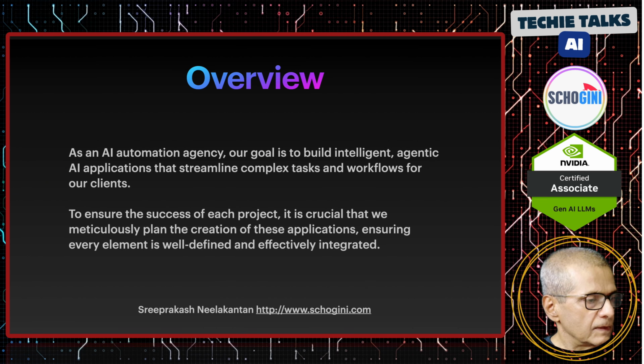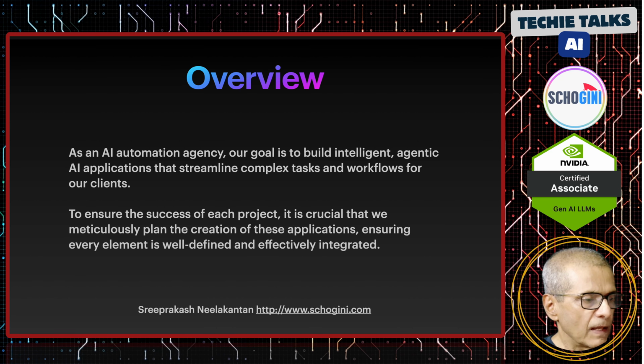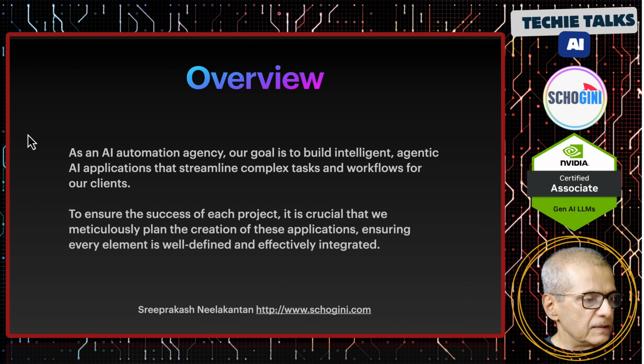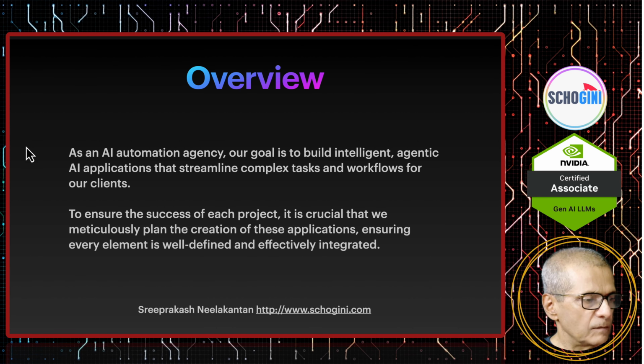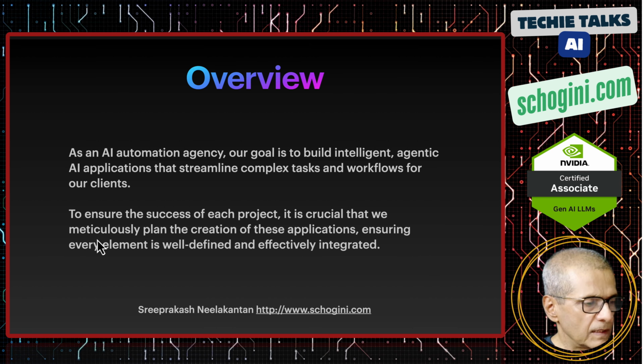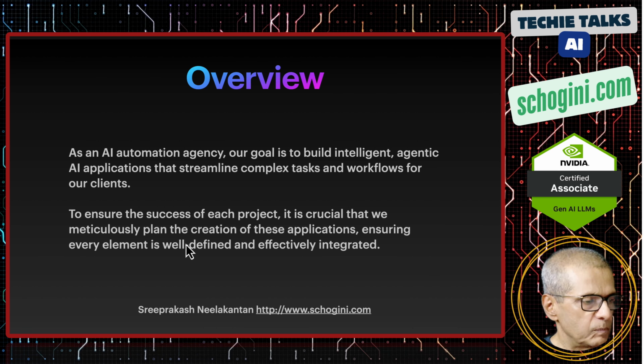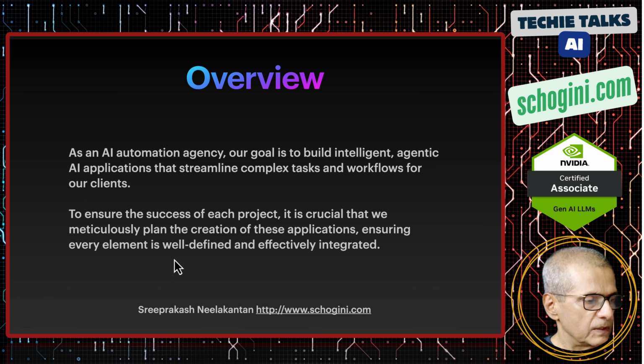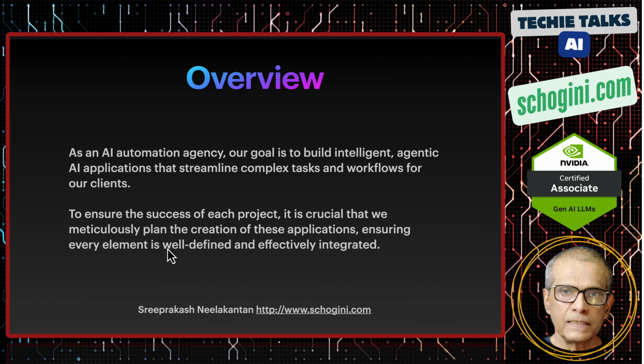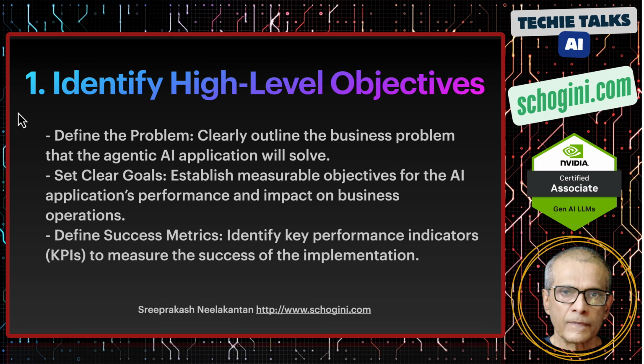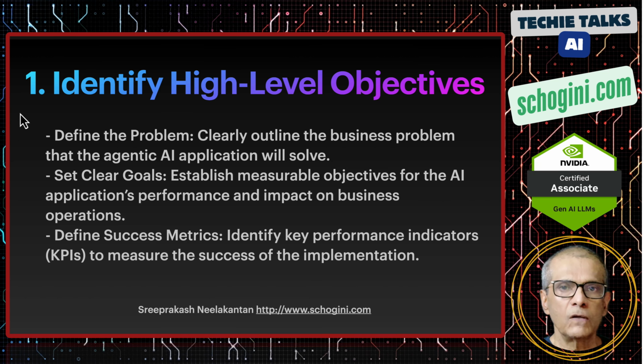Okay, so here, overview. As an AI automation agency, our goal is to build intelligent agentic applications that streamline complex tasks and workflows for our clients. To ensure success of each project, it is crucial that we meticulously plan the creation of these applications, ensuring every element is well defined and effectively integrated. So first thing is identifying the high-level objectives.